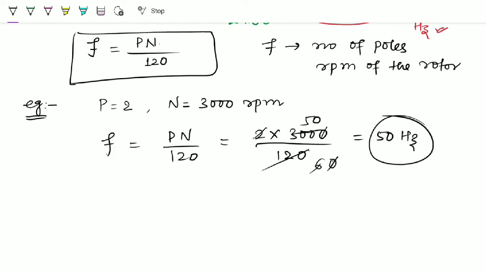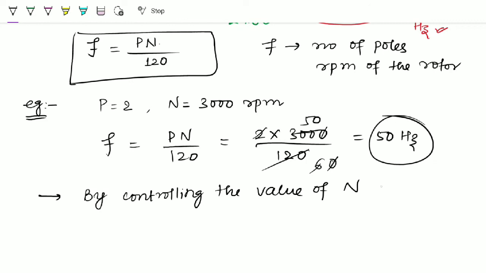Given the value of frequency, we can also calculate the speed of the rotor. So we can conclude that by controlling the speed, we can control the frequency of generation. Thank you. We'll continue in the next session.